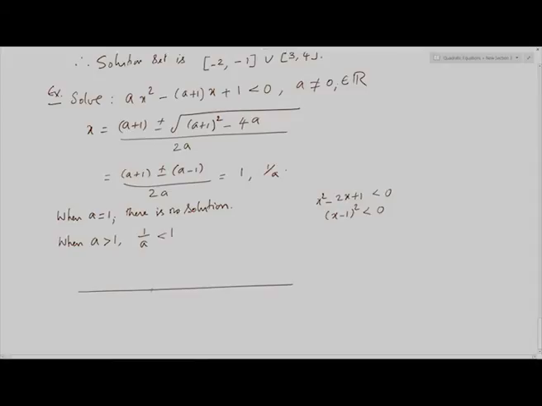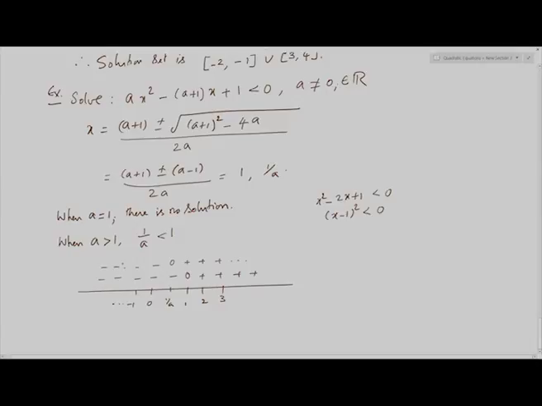Let me put 0 at 1, with 1 by a a number less than 1. On the right side of 1 I put the plus signs and on the left the minus signs, and then again the same for 1 by a: I put the 0 here, positive on the right side and negative on the left side.